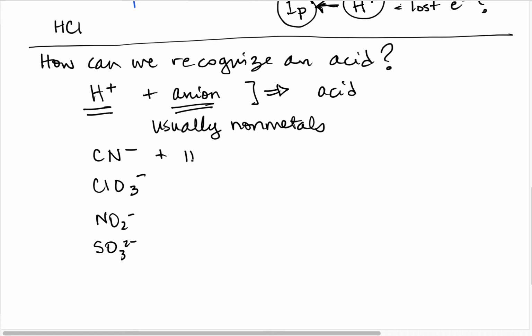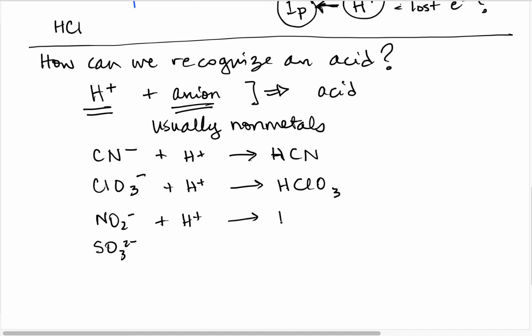So yeah, if we add a proton to this, we absolutely get an acid. So this would be hydrogen cyanide or hydrocyanic acid. We can get HClO3. So that would be chloric acid. Hydrogen chlorate will be less confusing here.